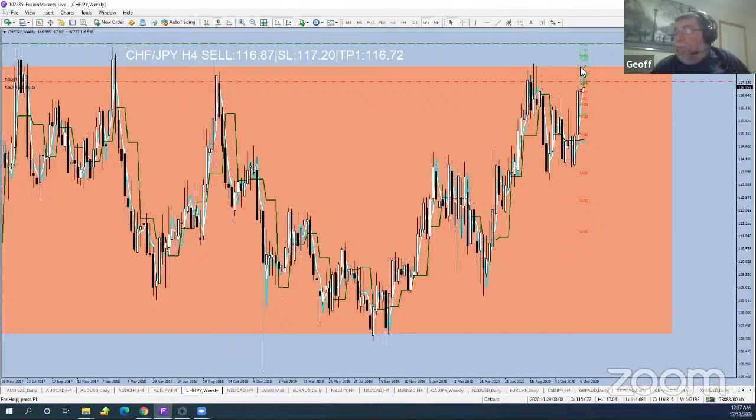So it's put in a new high, and then it's closed on or near its low. That's the objective part. Doesn't matter if it's white or black, as long as it's closed on or near its low. Once you see that, that is an indication to me that this market is going this way.